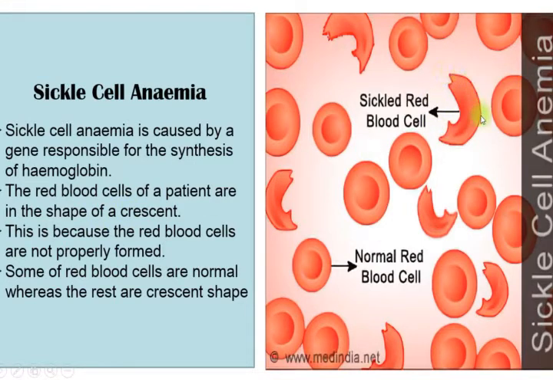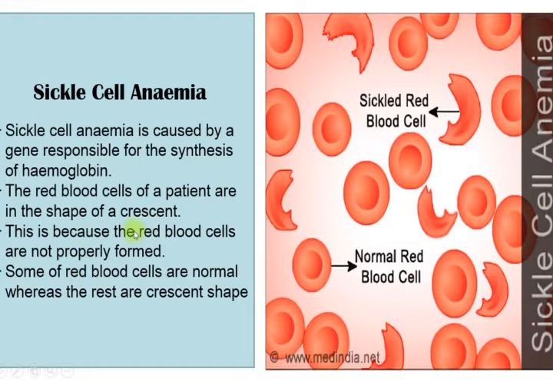As we can see from the diagram here, the red blood cell of the patient is in the shape of a crescent. Ya, berbentuk bulan sabit. Ya, kamu boleh nampak di sini bentuk dia macam bulan sabit. So this refers to the normal red blood cell, and this refers to the sickle red blood cell in the sickle cell anemia patient.